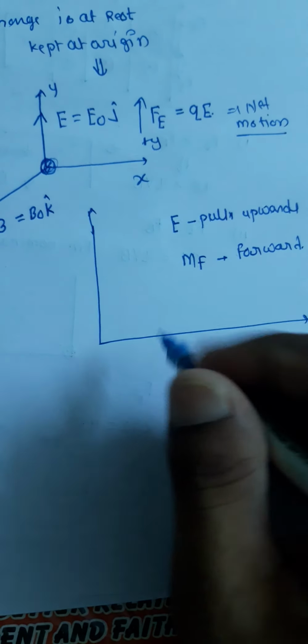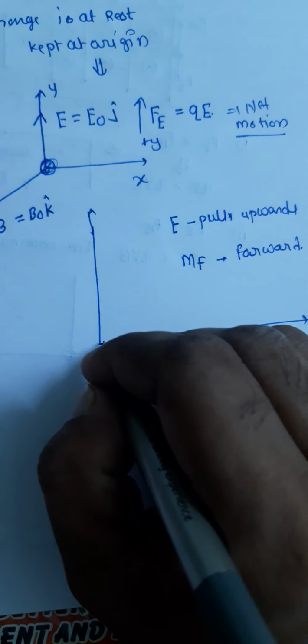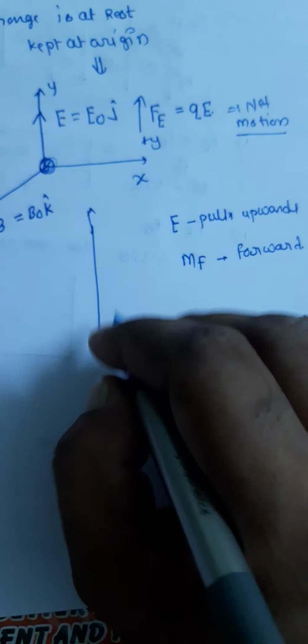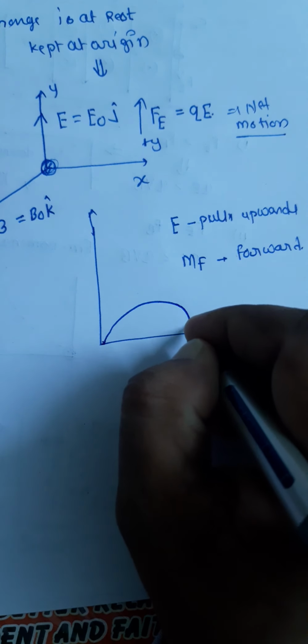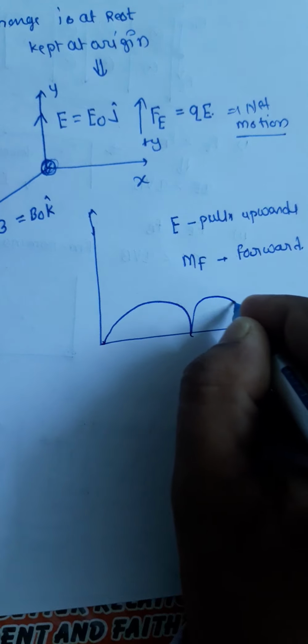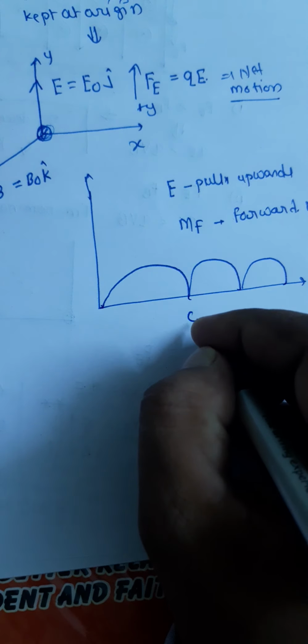So I will write the direct answer here. This particle motion will be this. This is a special case actually, and very rarely will they ask it in the board exam. This kind of motion we call a cycloid.